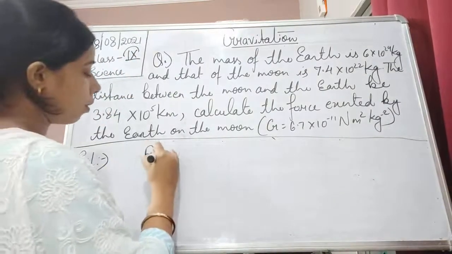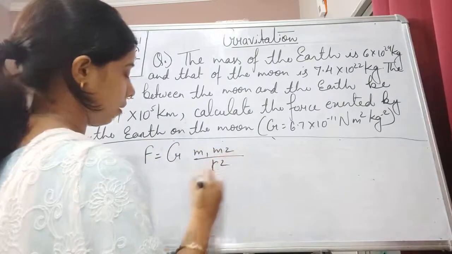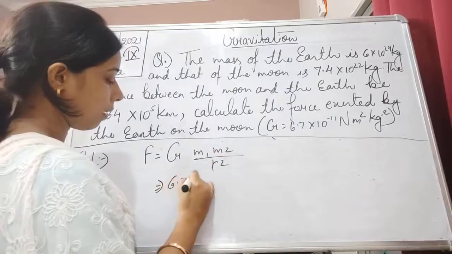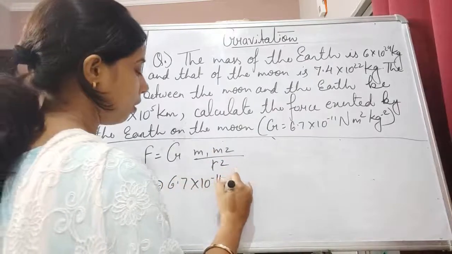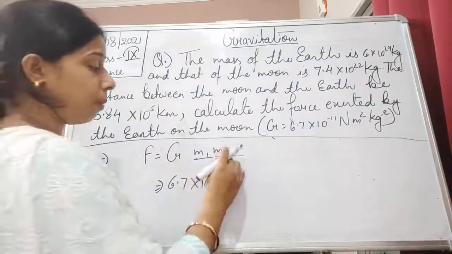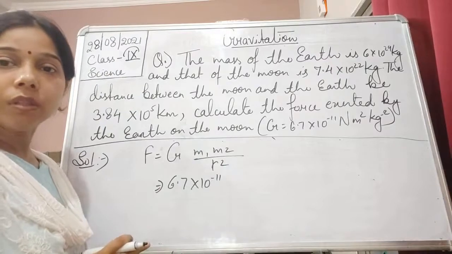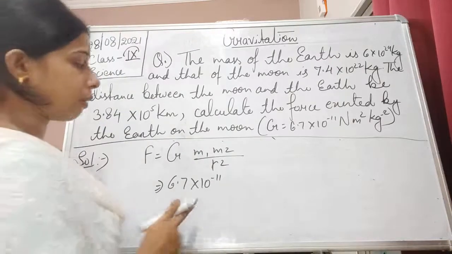So F is equal to G m1 m2 upon r square. It is 6.7 into 10 the power minus 11. I'm not writing the unit, student. I hope you will be able to understand. Even in the first question I had shown how the Newton came as an answer.